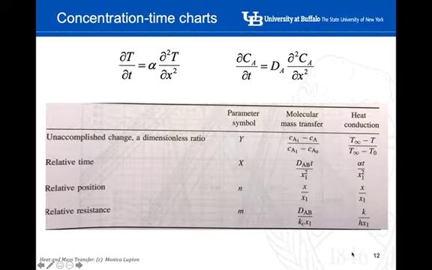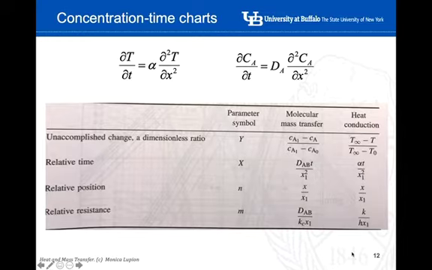In this case, in mass transfer, we're going to use a similar approach, but instead of talking about temperature, we're going to talk about concentration. And also we're going to talk about diffusivity instead of alpha. And for the resistance, we need to incorporate diffusivity and the mass transfer coefficient that we covered in lecture 14, I believe.